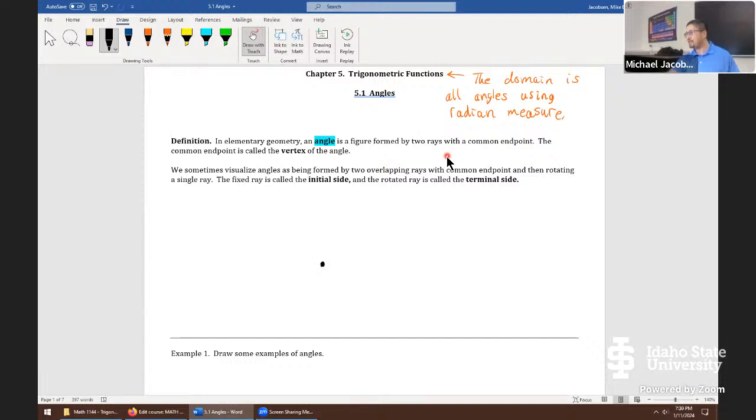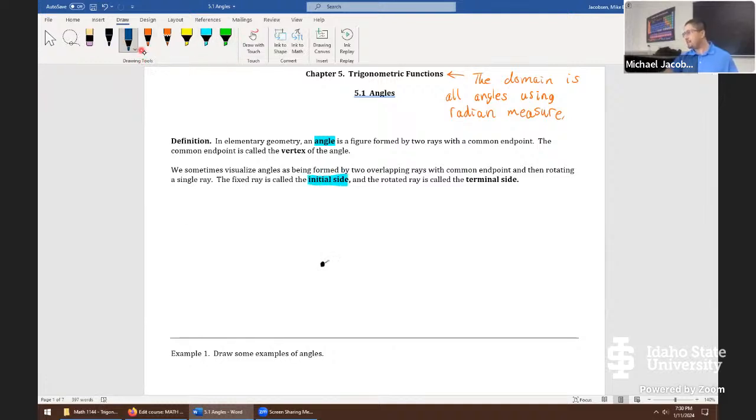Here's our vertex. But instead of writing down two rays, here's a great way to visualize this. We're going to have two overlapping rays to start with a common endpoint. So here they are. Imagine there's two rays right here. They're overlapping. They start at the vertex in this location. The ray that's fixed will be called the initial side.